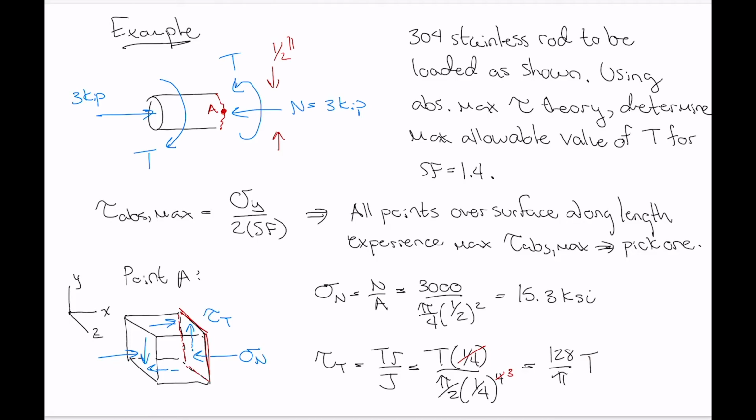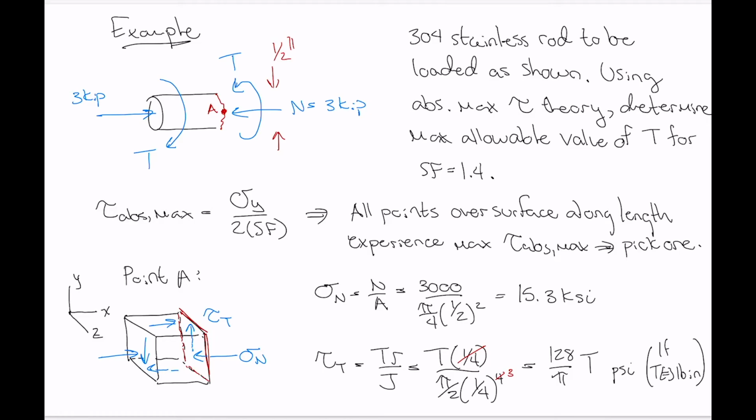And let's think about what unit that's in. That's going to be in psi if T is in units of pound inches. So let's make a note of that. So that's if T is in units of pound inches. So we'll remember that those are the units of T when we end up solving for it.